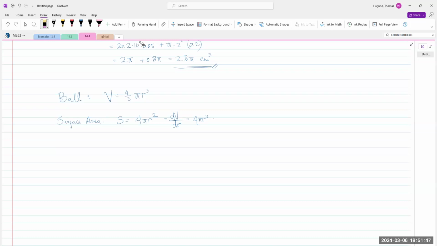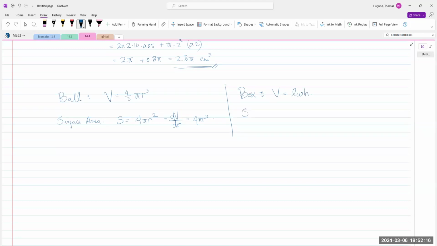And we can actually do the same thing even if you have a box. Even if you have a box, you can find the surface area by doing the derivative. Okay, even though in case of box it will be more complicated, right? So if you have a box, rectangular box, the volume is length times width times height, right?